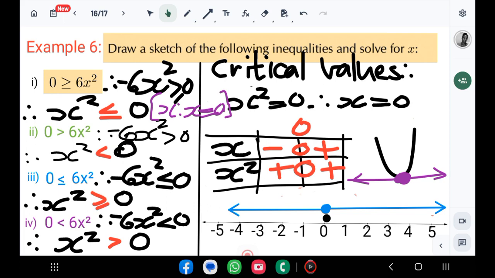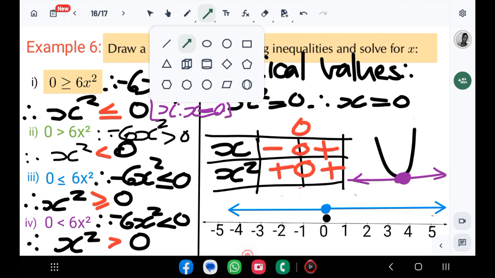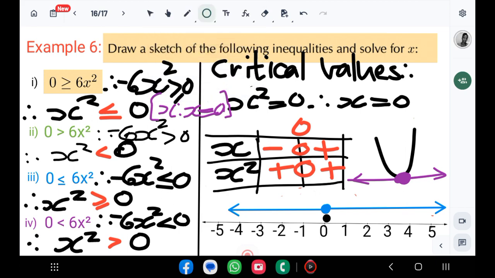So on the number line, your 0 will not be included, so we make it a hollow 0. Let's change the color to purple so it matches the answer that we are applying.